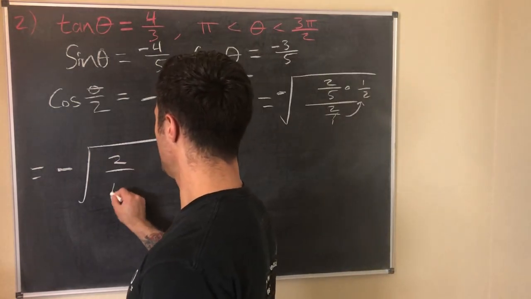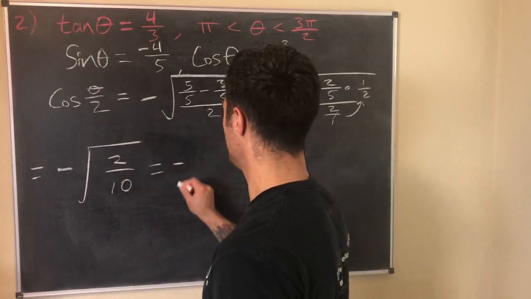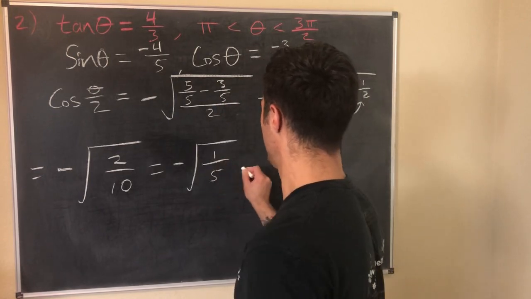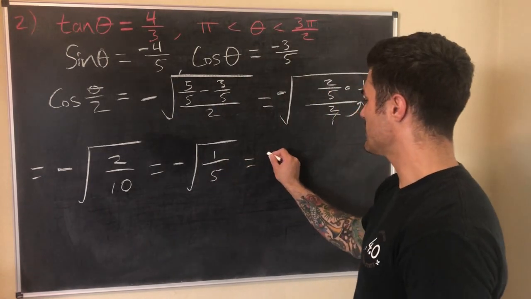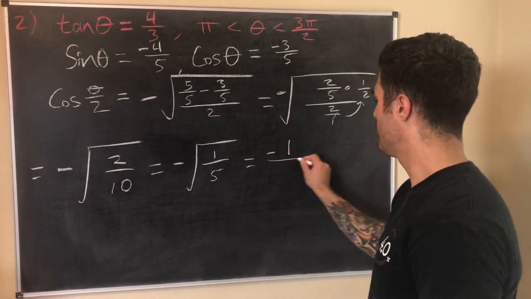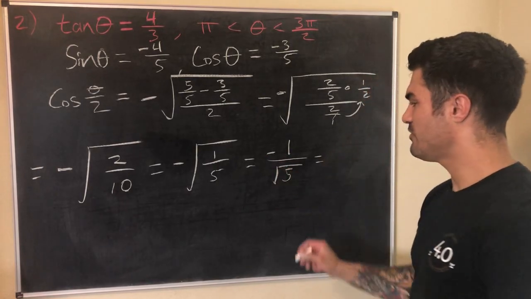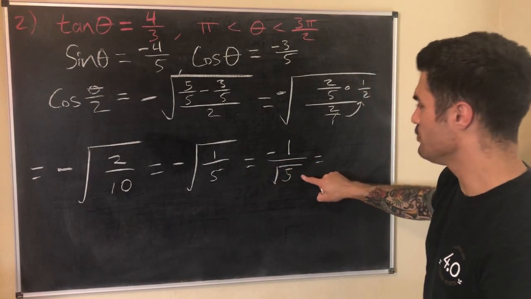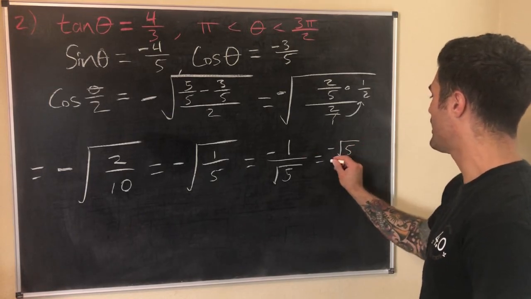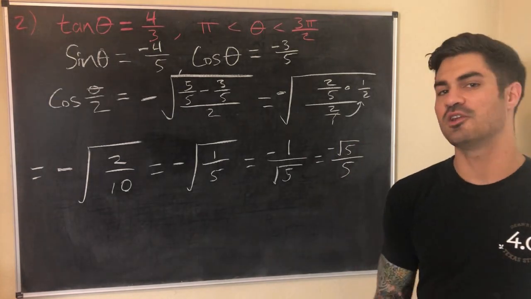So 2 over 10, I drew the square root way too big, that's okay, equals negative root 1 over 5. And I can split this up again. That's like negative, the square root of 1 is 1, over root 5. And if I rationalize the denominator, multiply by root 5 over root 5, I get negative root 5 over 5. So that is the exact value of the cosine of theta over 2.